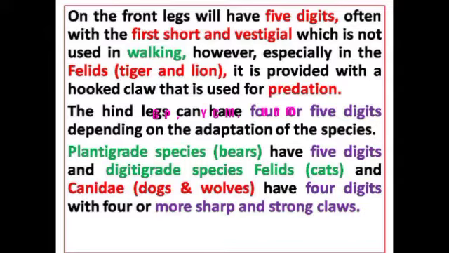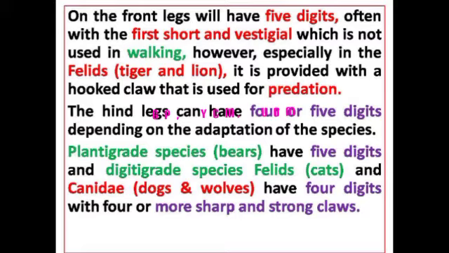In Carnivora, the front legs have 5 digits, often with the first very short and vestigial in nature, which is not used in walking. However, especially in felids such as tiger and lion, it is provided with a hooked claw that is used for predation. The hind legs can have 4 or 5 digits depending on the adaptation of the species.